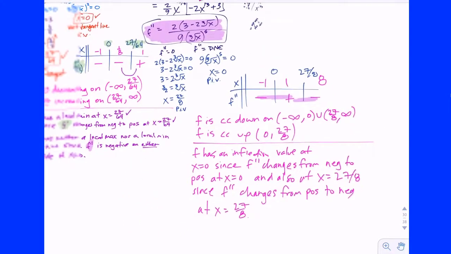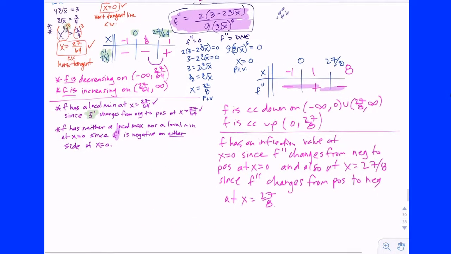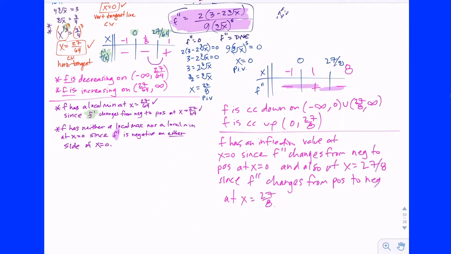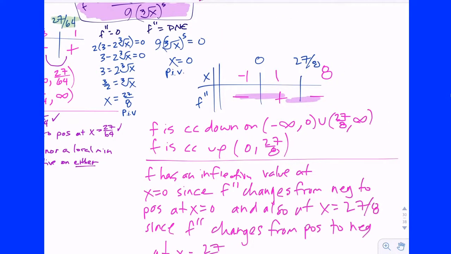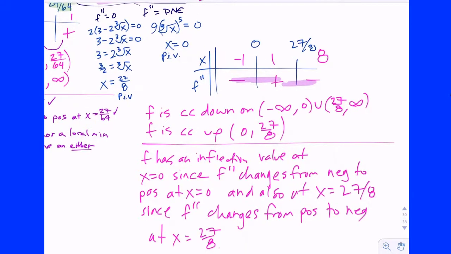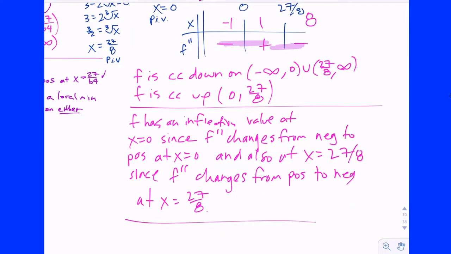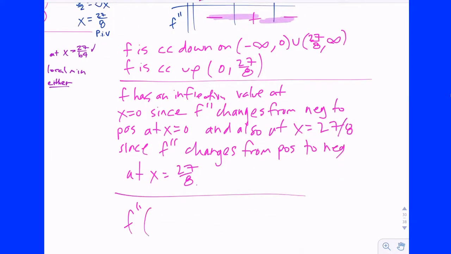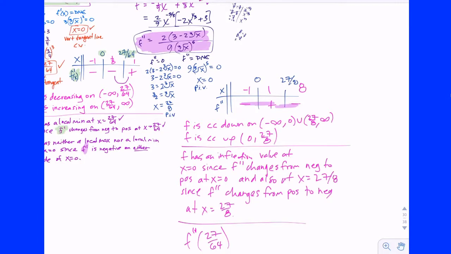Now the last thing that maybe we can do, we said there was a local minimum at x equals 27/64. 27/64 is between 0 and 27/8, right? So notice that f double prime of 27/64, which is our critical value. Notice what was the concavity there? It's this middle interval.